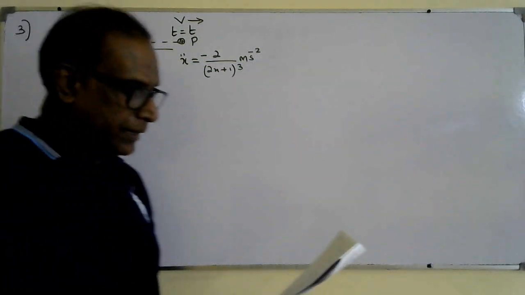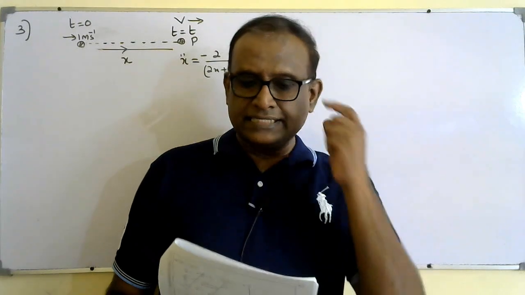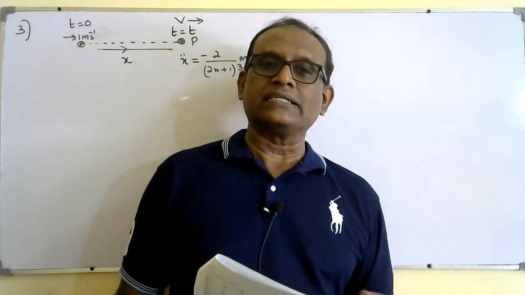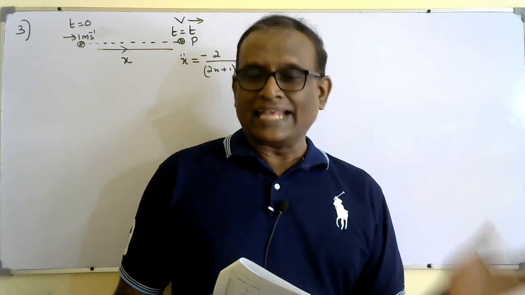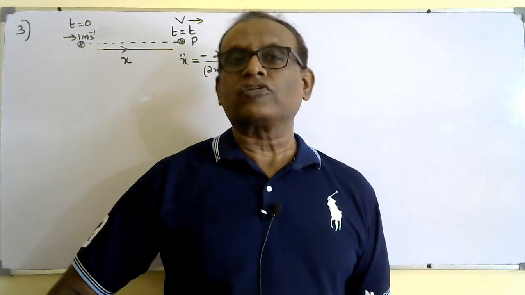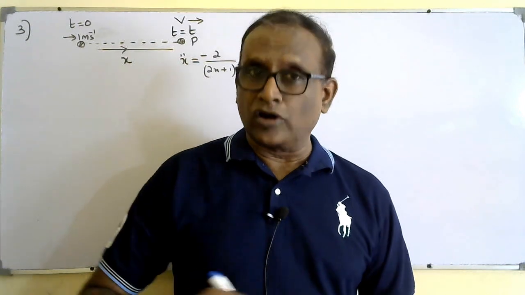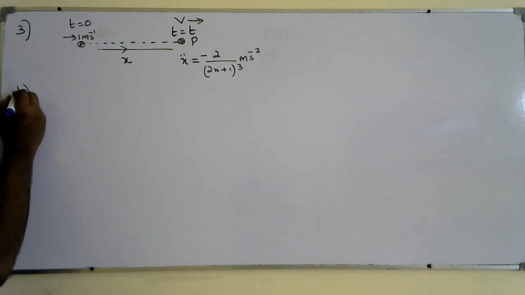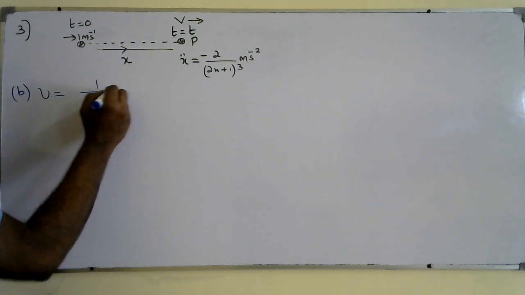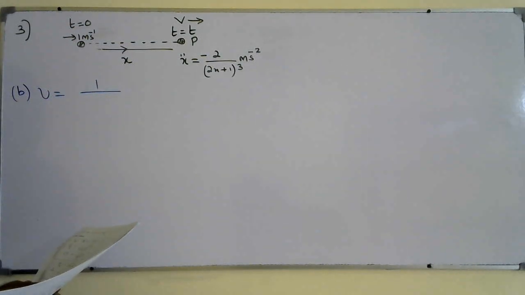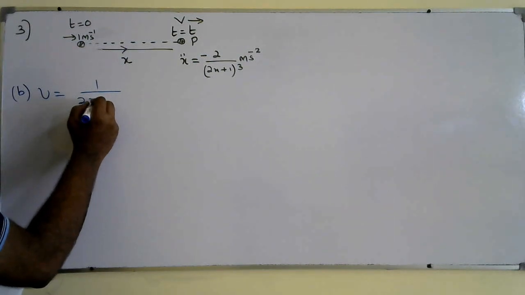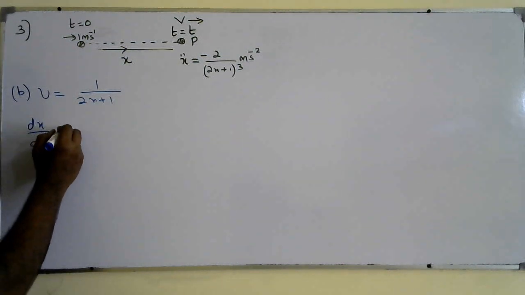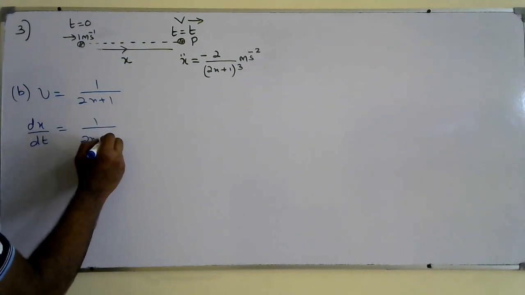Okay, B part, show that x equals half, some expression is given. So that means we need to get a relationship between x and t. That we can get from the expression we got now for v, right? From that, we know that v equals 1 over (2x plus 1). v means dx over dt equals 1 over (2x plus 1).